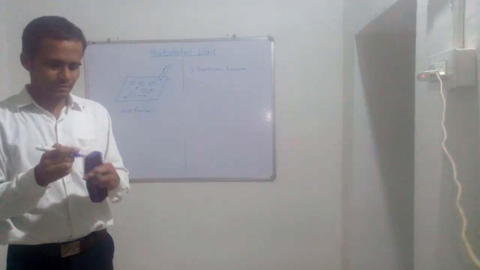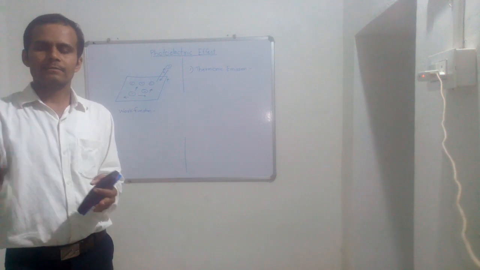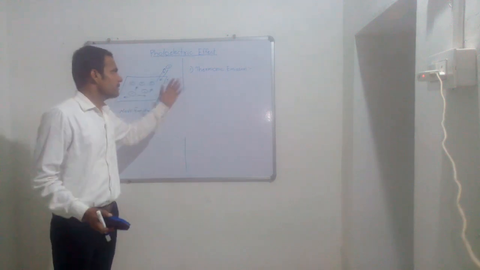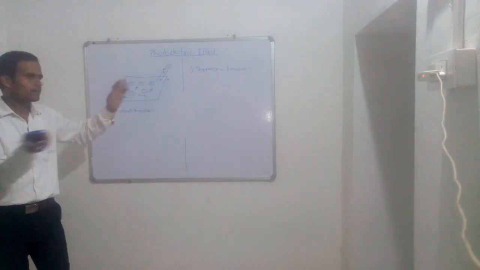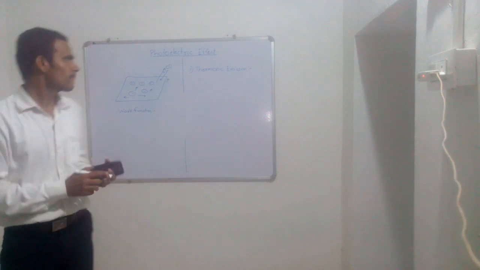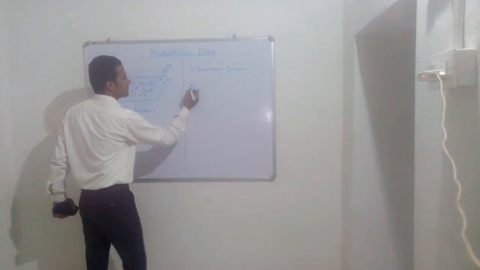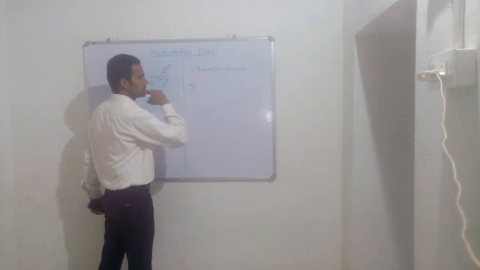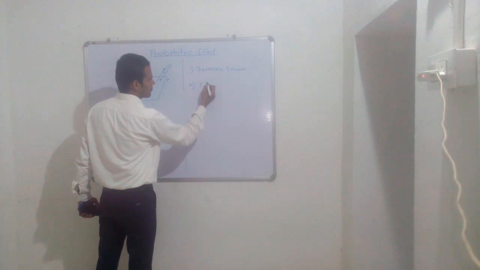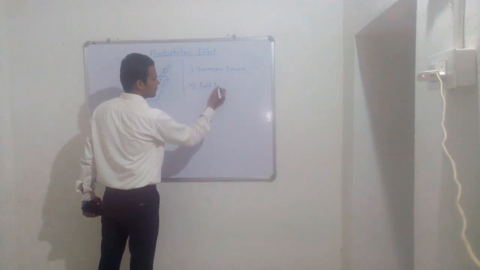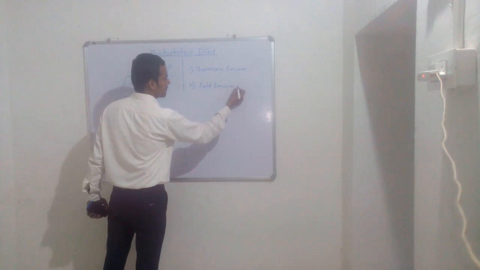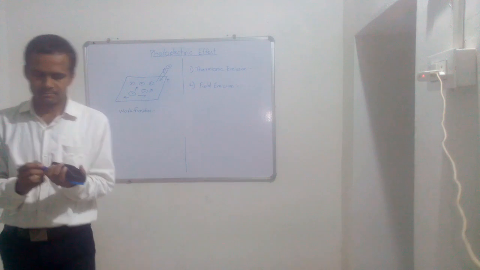In the case of thermionic emission, electrons are ejected from the metal, and for that thermal energy is given to the electron for the emission. Second one, field emission.